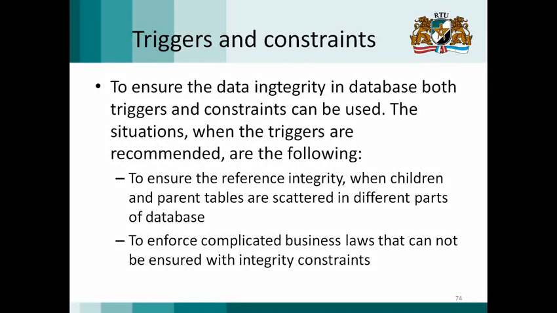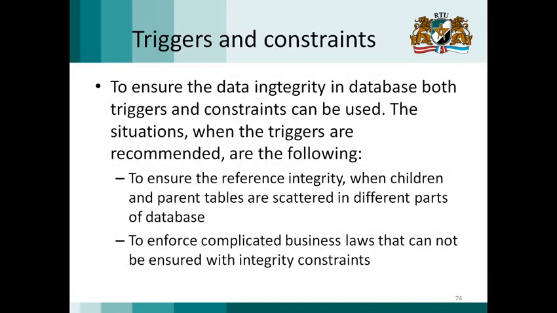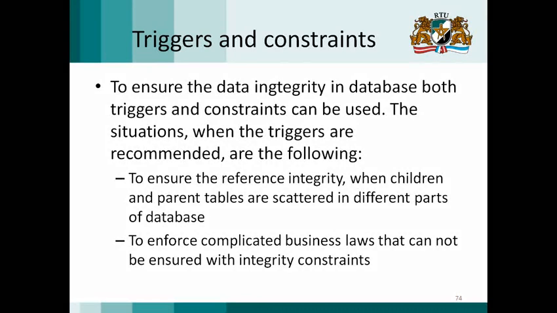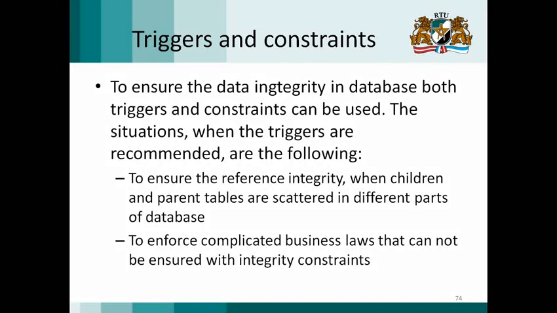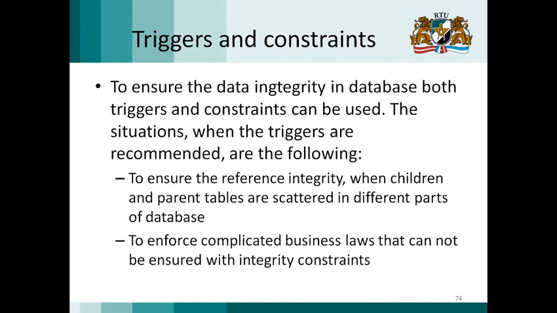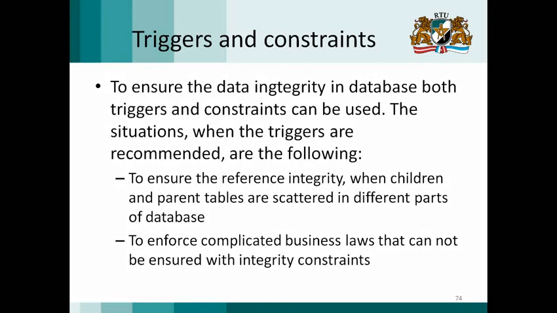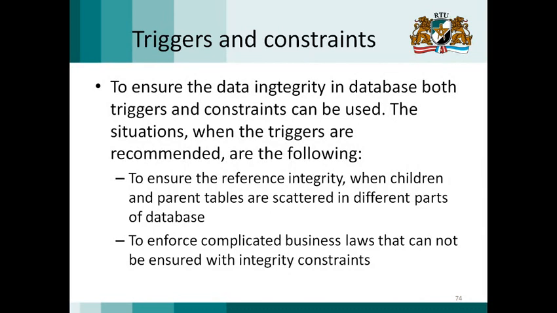But many things can also be achieved with the help of constraints that were explained in the first lecture. And the situations when the triggers are recommended, not constraints, are the following. When the reference integrity must be ensured, but these children parent tables are scattered in different parts of the database.